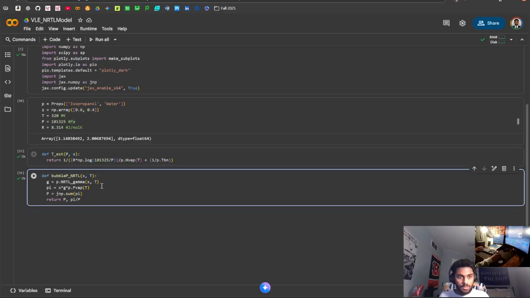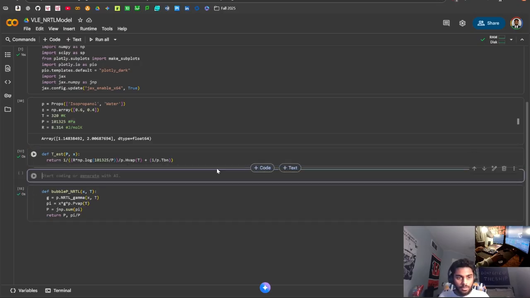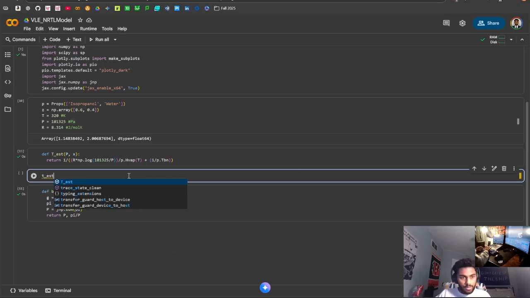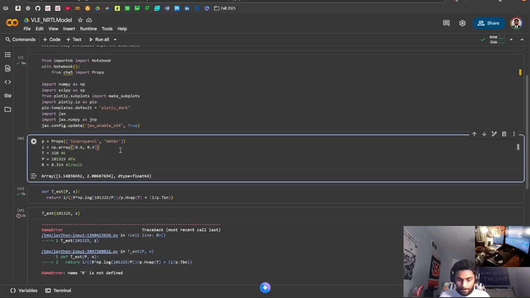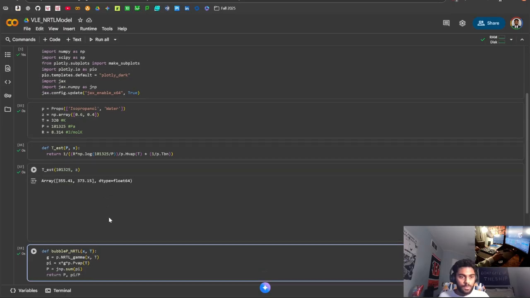So let's just do a test here. So T estimated at, let's say, our system is going to be at atmospheric, so 101,325, and then we'll give it our Z. There we go.